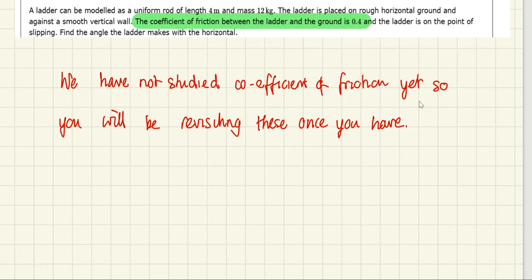Which way around have you done it? I've done it that way. Okay. You will have a wall. You will have a floor. You will have a ladder.